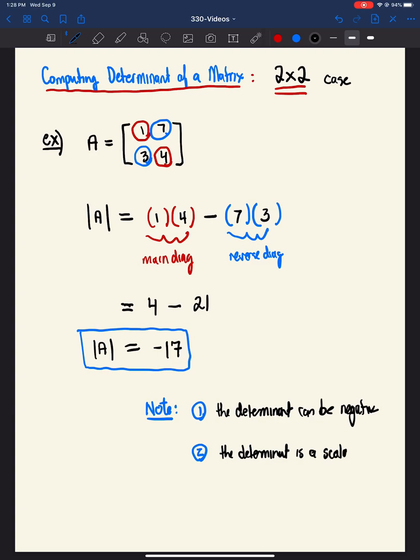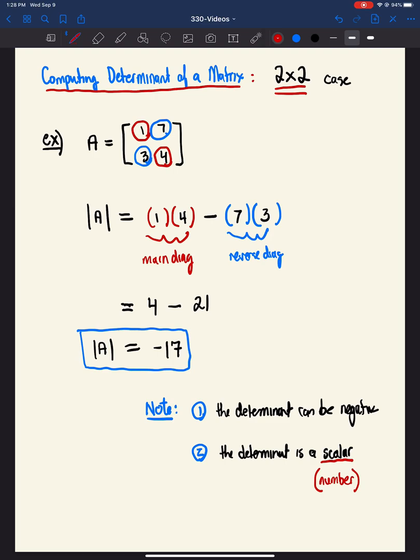And if you're unfamiliar with the term scalar, what we really mean by this is that it's just some number. And like we saw in this case, it can be positive or negative. It could even be equal to 0. But the determinant is a scalar value or just some number.